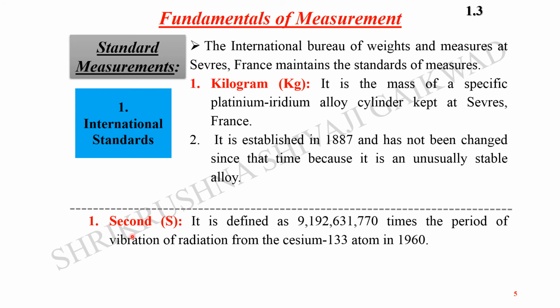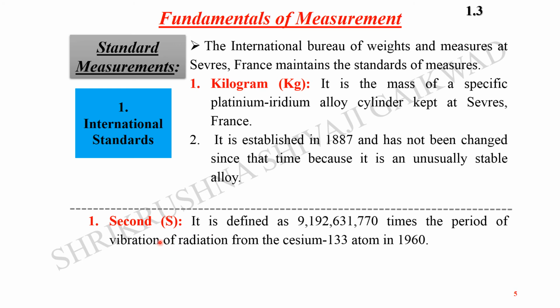Another fundamental quantity is time, and its unit is the second. It is defined as 9 billion 192 million 631 thousand 770 times the period of the vibration of the radiation from the cesium 133 atom, defined in 1960.